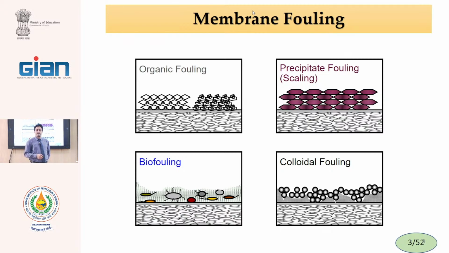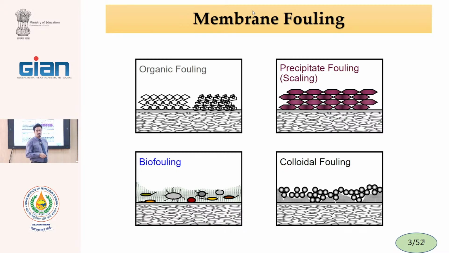Because we can separate particles, big particles, and colloids are very small and charged particles. In some cases, the cartridge filters cannot remove the small particles that we call colloids well, and therefore we can have a colloidal fouling.